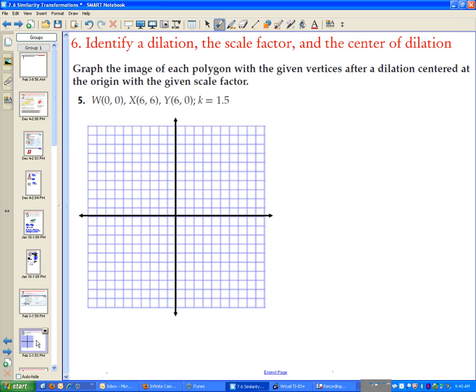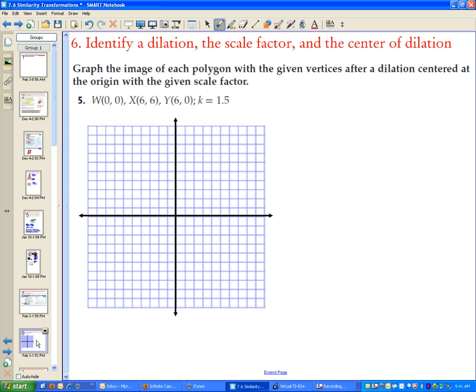So let's do a couple of graphs. So this is not in your assignment from chapter 7, and I know you don't have a coordinate plane, so just draw you a real rough XY coordinate plane on your paper. It says graph the image of each polygon with the given vertices after a dilation centered at the origin with the given scale factor.